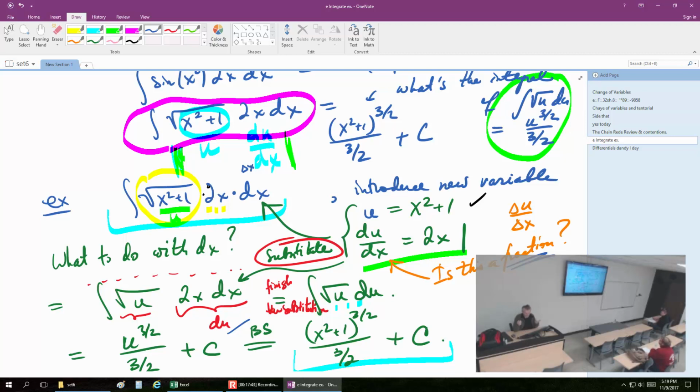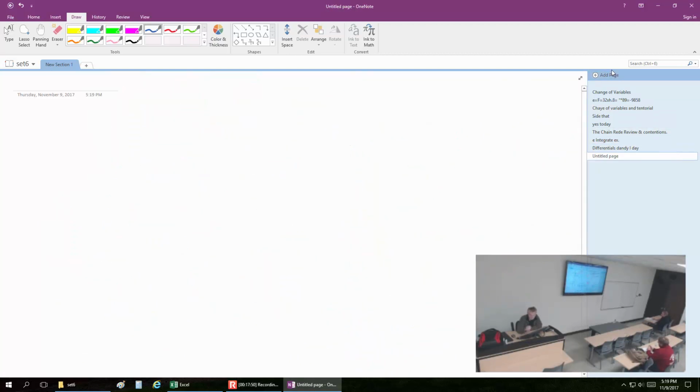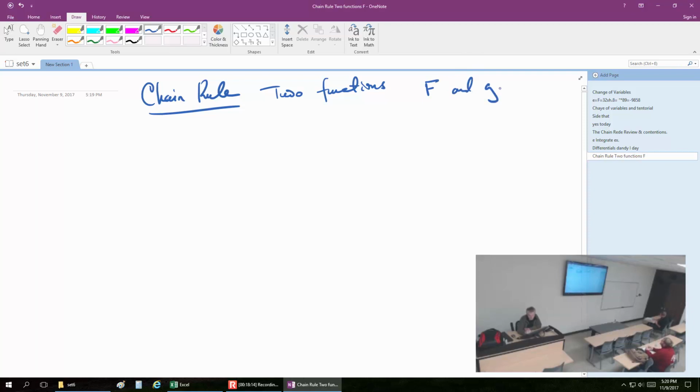Okay, so let me state the formula, and once again, it is entirely based on the chain rule. Suppose I have two functions, capital F, for some reason, as you will see in a minute, and g, and they are differentiable.